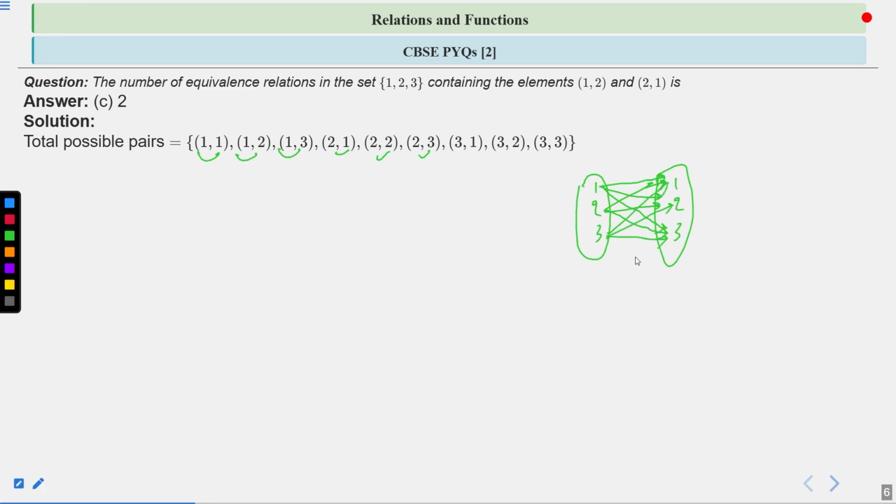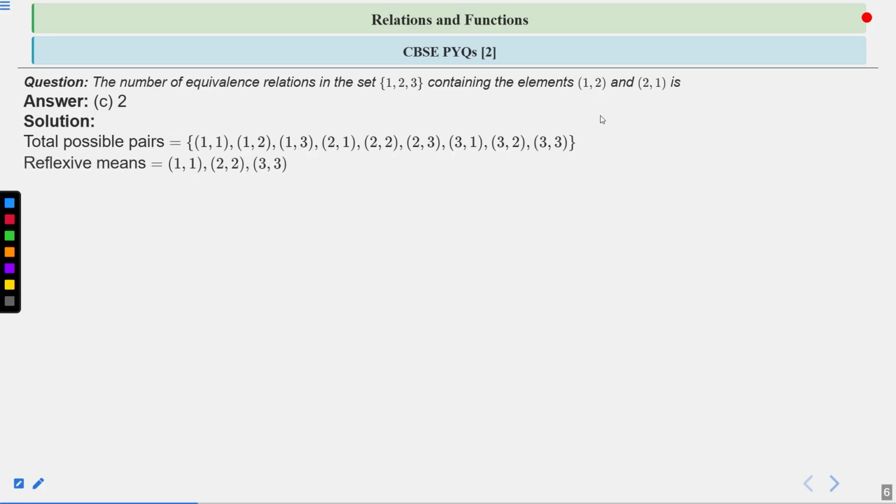So these many ordered pairs can be defined. Now we have to make the relation in such a way that it becomes an equivalence relation, and the relation must contain (1, 2) and (2, 1).